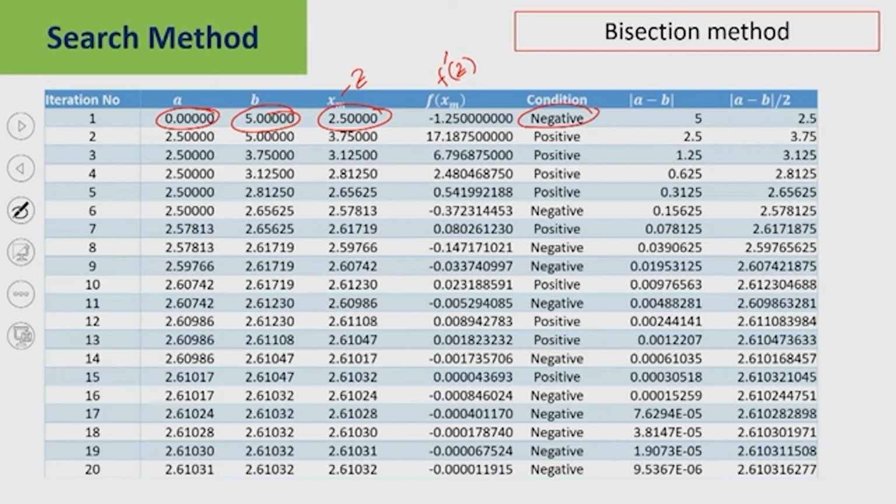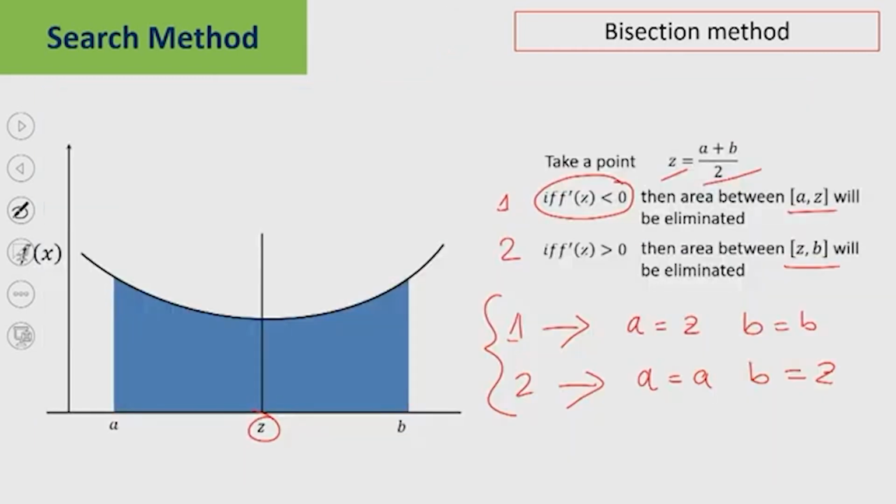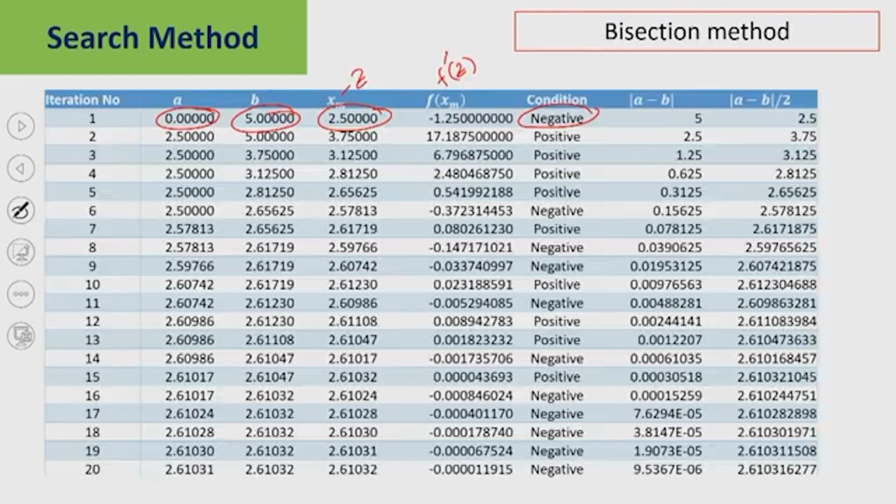If it is less than 0, that means condition 1, that means a equal to z and b equal to b. Okay. So, in that case, because it is negative, the first condition is true. Therefore, a equal to z. So, a equal to z means z here is 2.5. So, this value is coming here, okay, a equal to z, and b will be unchanged.